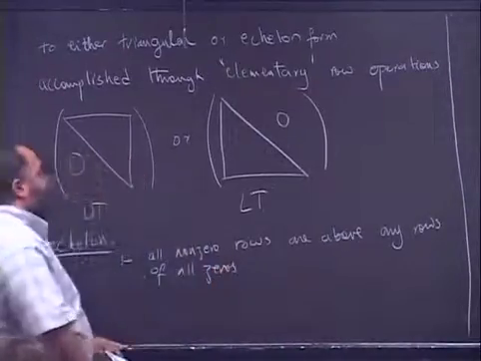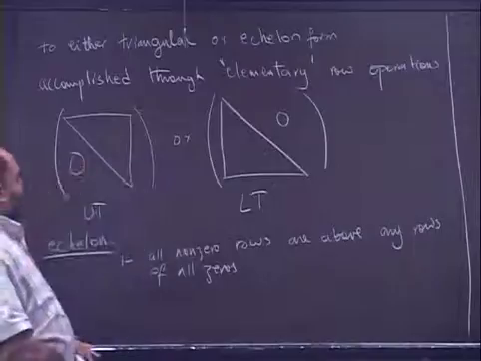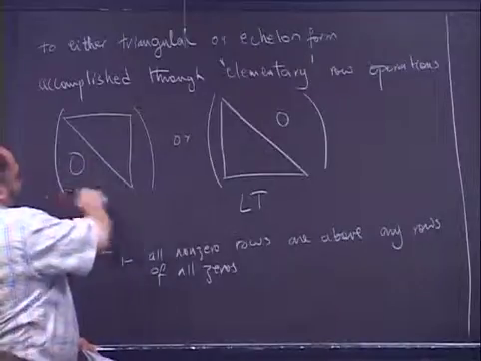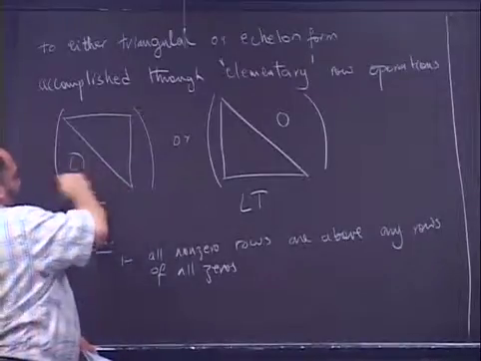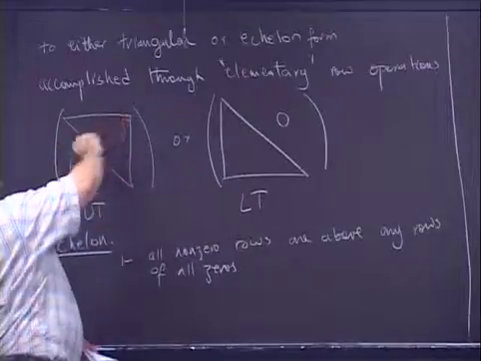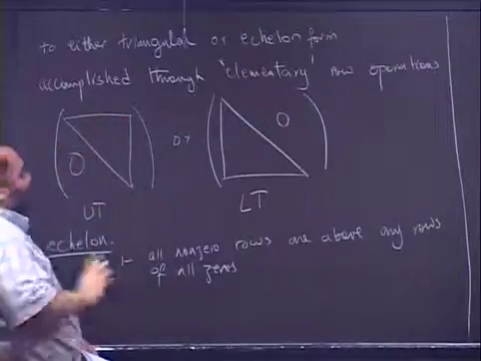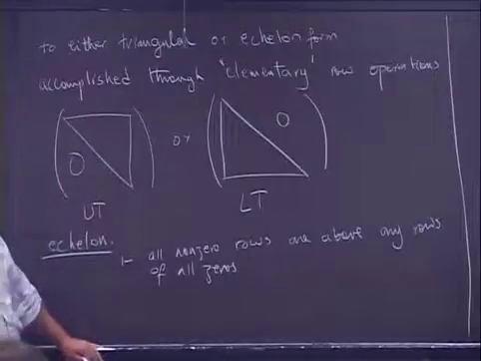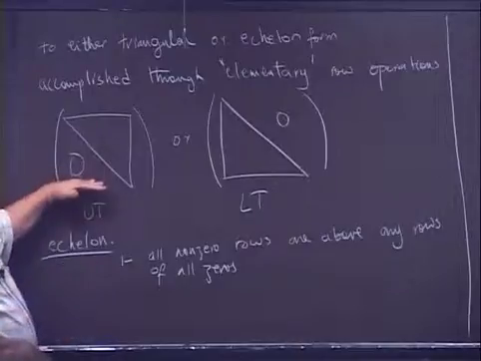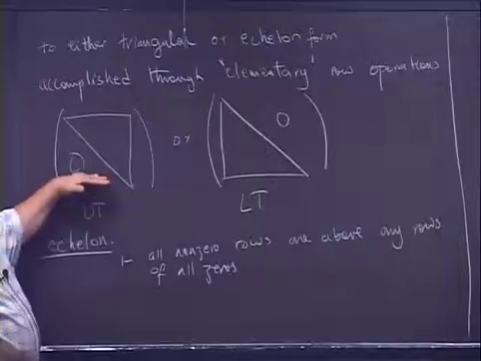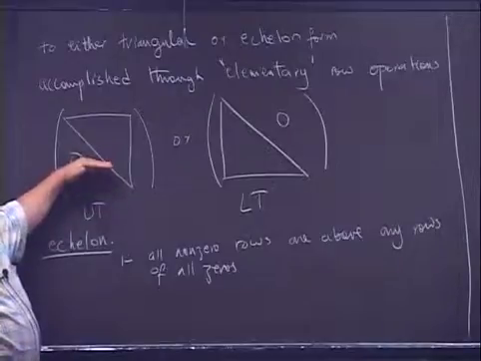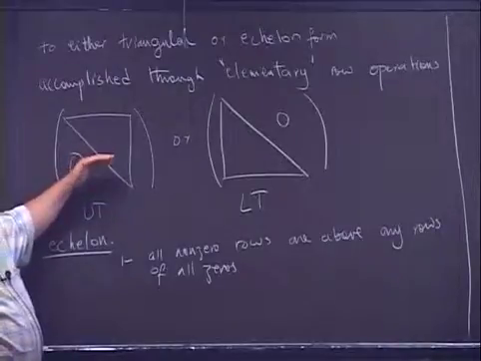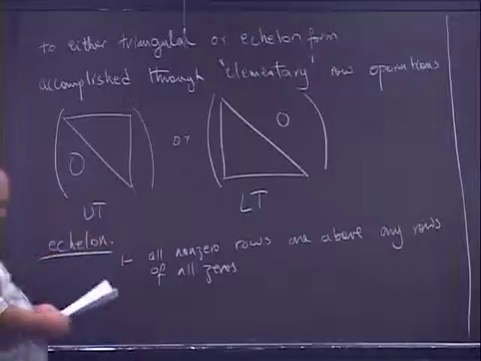So if you have a matrix with rows of zeros, all the rows that contain at least one number that's not zero should be above the rows that contain all zeros. So the first property is you have all the zero rows that contain only zeros here, and the rows on top of it should contain at least one element that's not zero. So this is one of the properties.